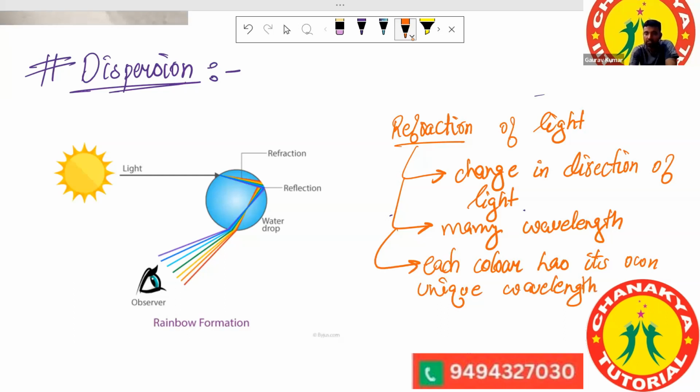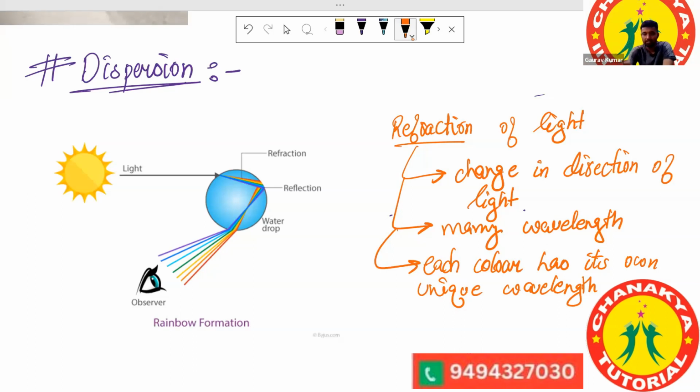Can you tell me why I am saying unique? Because each color, it can be purple, blue, red or orange. If we can differentiate the color, then that means they will have a different wavelength. So different colors have their own wavelength. That's why they're called unique wavelengths. Yes, each color has its own pattern of one wavelength.